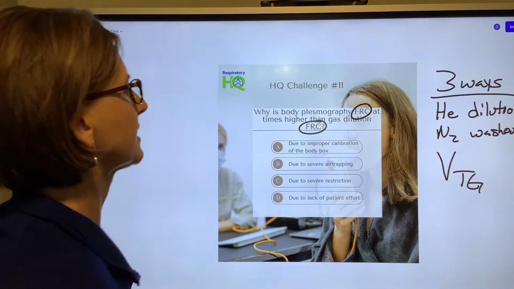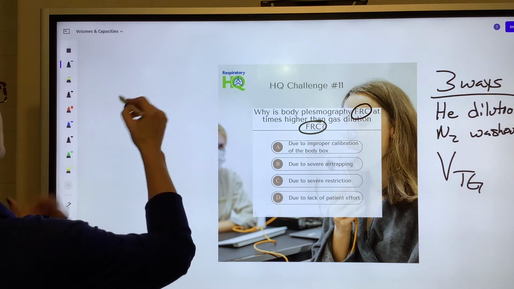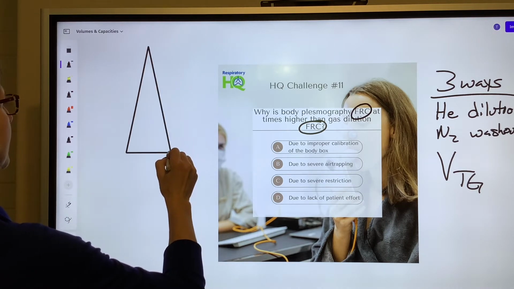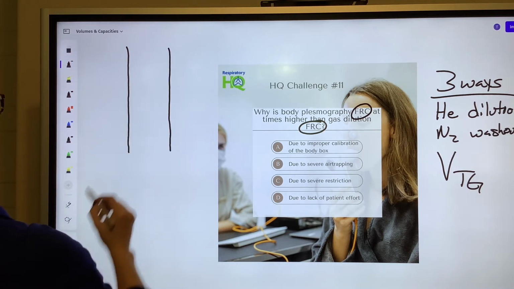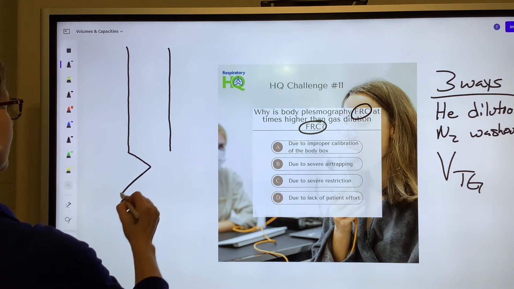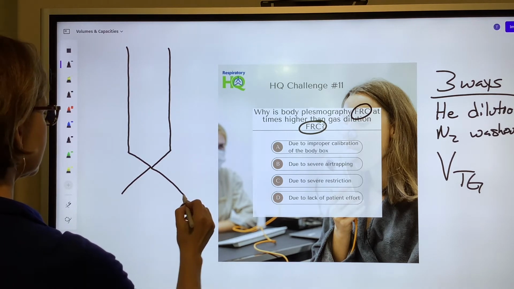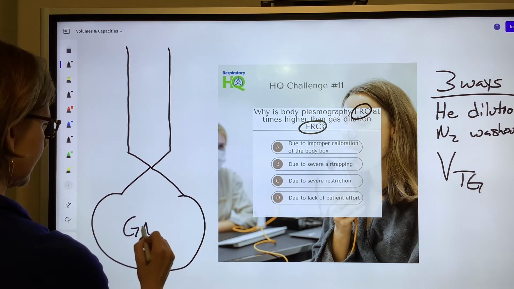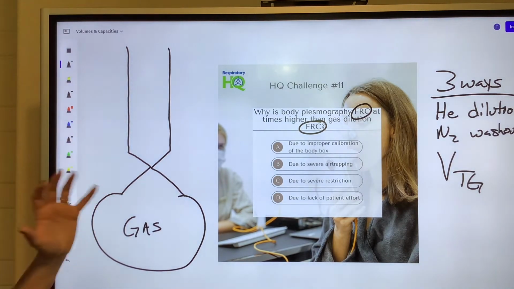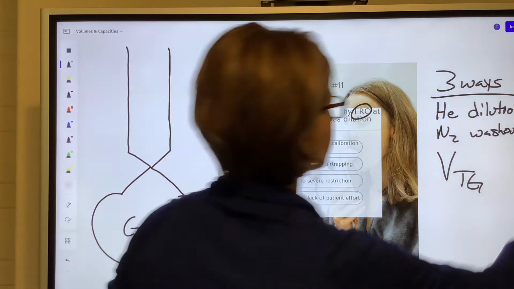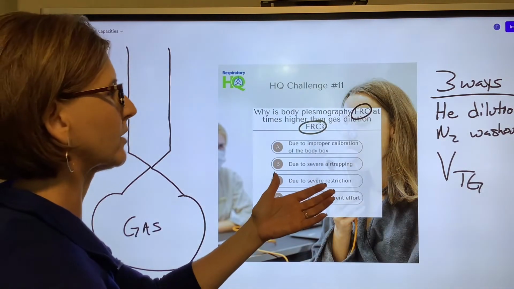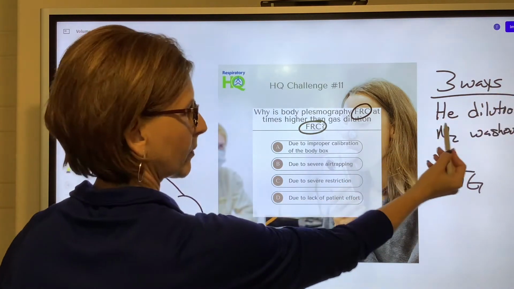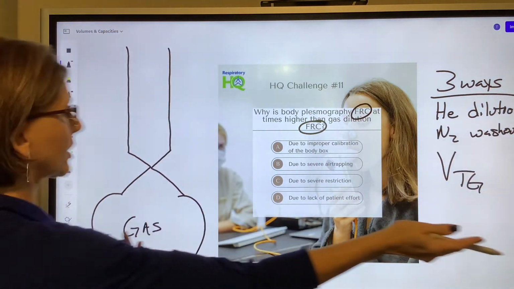But here is the concept. Let's say I'm going to draw a terminal bronchiole coming down to an alveolus. And this terminal bronchiole now prematurely collapses, but here's an alveolus with all this gas in it. So if we're measuring FRC by helium dilution or nitrogen washout, the gas that we use for these tests, one is helium, the other nitrogen washout, we use 100%.